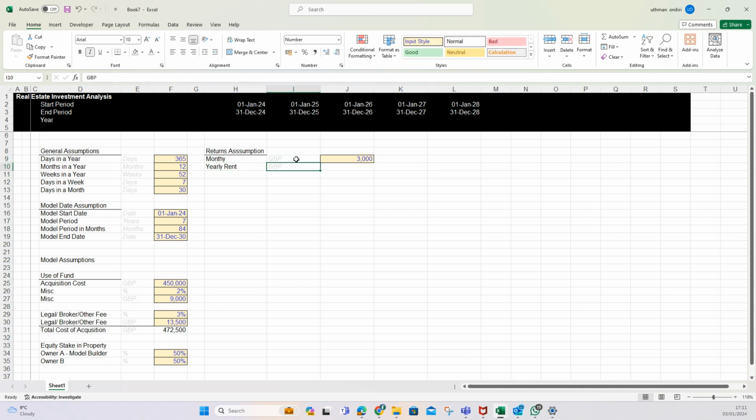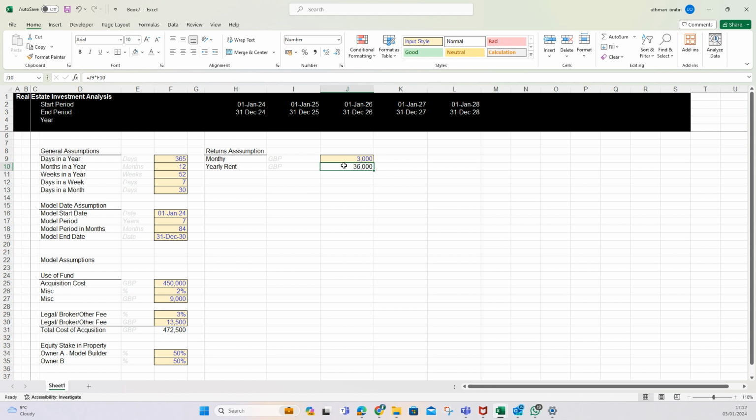All right, guys. So this is where it's important for you to always set out a general assumption. It makes your life easier. As an example, I just do 3,000 multiplied by 12, and I get my yearly rent. This is a calculation, but could also be input. So you can shade it yellow or not.